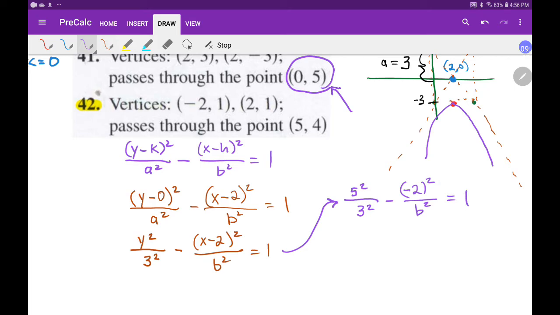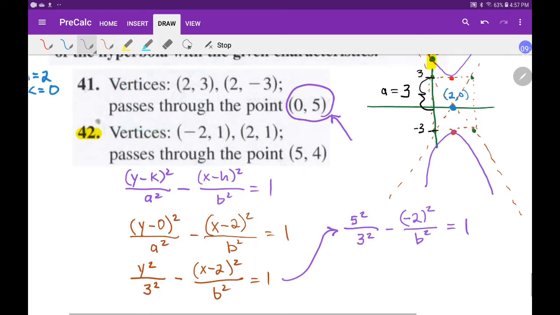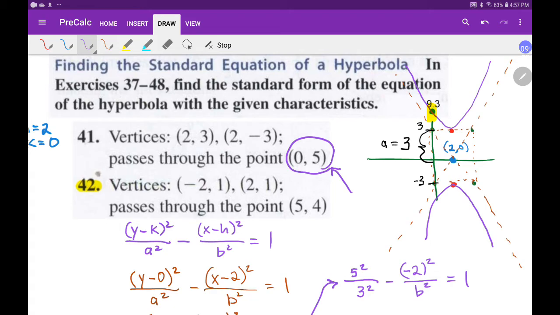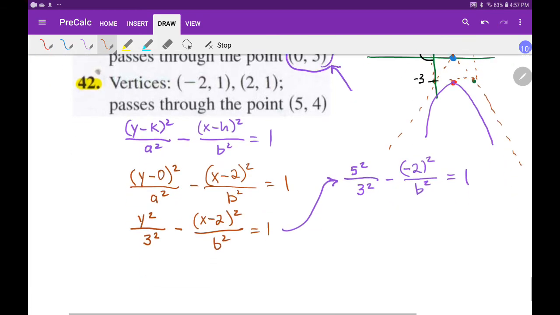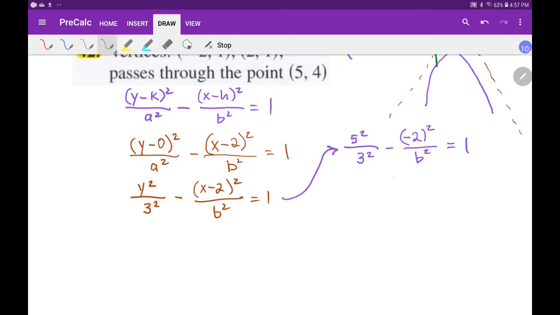If it's on the line, it's good for the whole thing. At that point, which is (0, 5), this equation works. So I have 25 over 9 minus 4 over b squared is equal to 1.